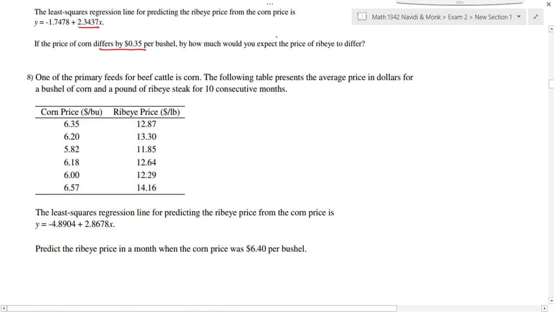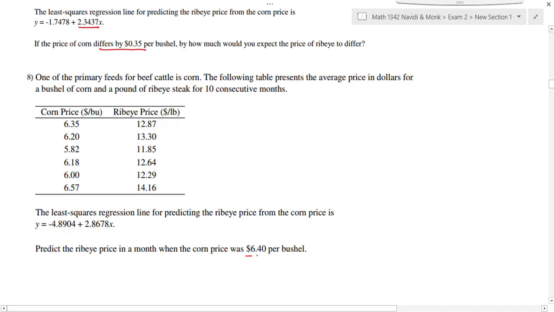Number 8, one of the primary feeds for beef cattle once again is corn, and we've got this information. Now we're told that the least squares regression line for predicting the ribeye price from the corn price is given by this function. Predict the ribeye price in a month when the corn price was $6.40 per bushel. Now I'm using this to predict.